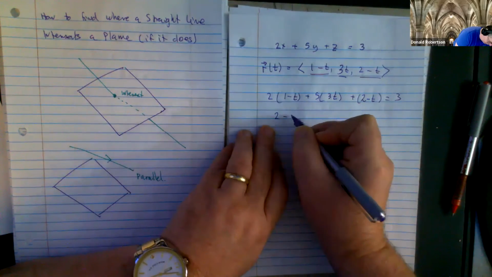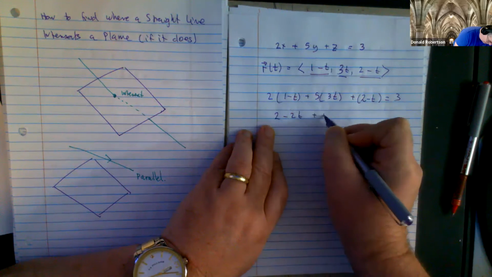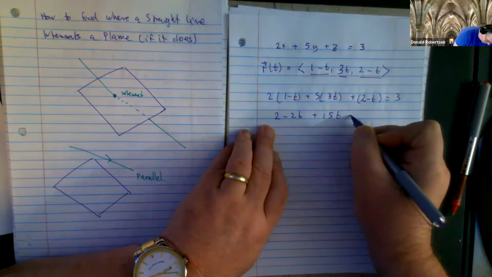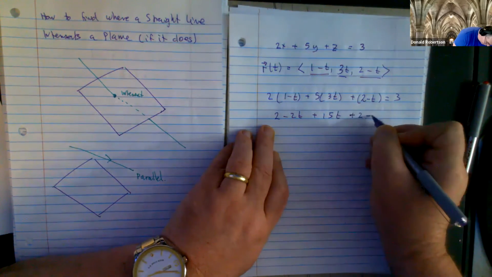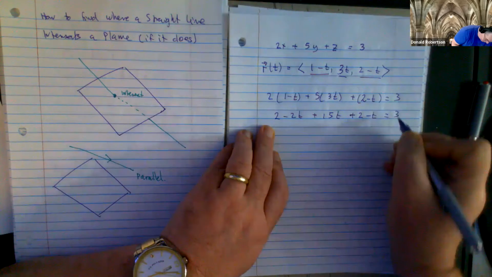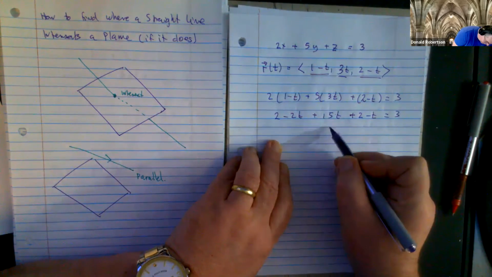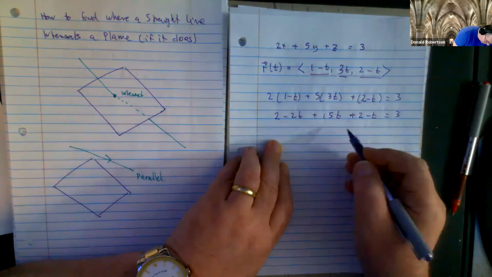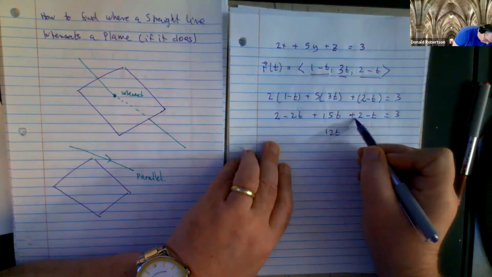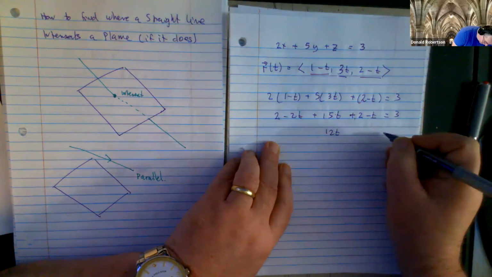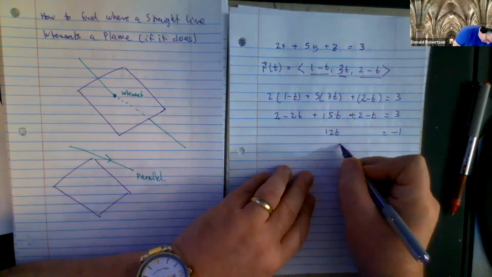So 2 take away 2t plus 15t plus a 2 take away a t should be 3. 15 take away that, I believe that leaves me with 12t. That 2 and that 2 get me 4, take it away, and we get -1.